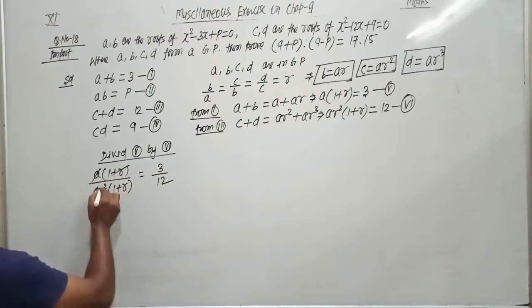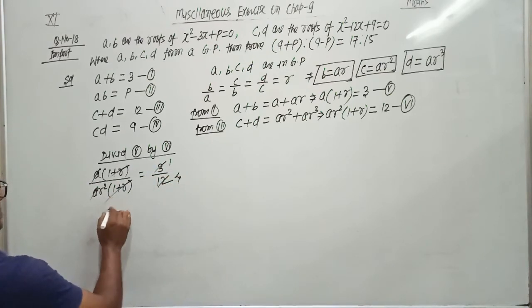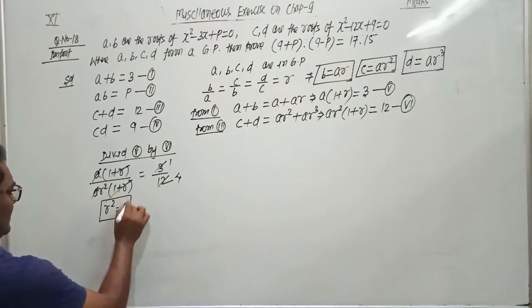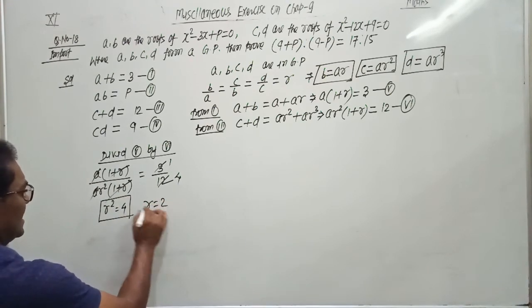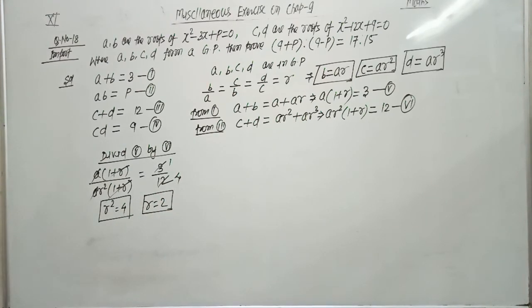A cancels, 1 plus R cancelled, and it gets cancelled by 4. So R square equals to 4. And we get the value of R equals to 2. So the value of R comes to be 2.